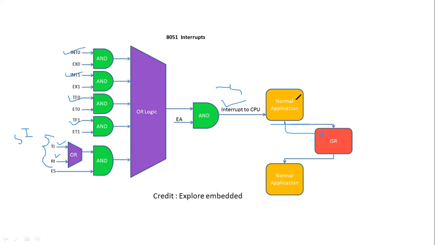When the interrupt service routine is completed, the CPU will again resume the normal execution of the program. This is the sequence in which the interrupts are serviced: the interrupt is generated, the CPU stops normal execution, moves to the interrupt service routine, which is executed, and at the end it returns to the normal program execution.